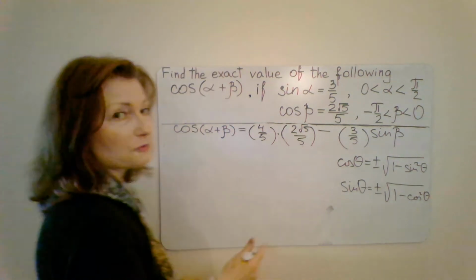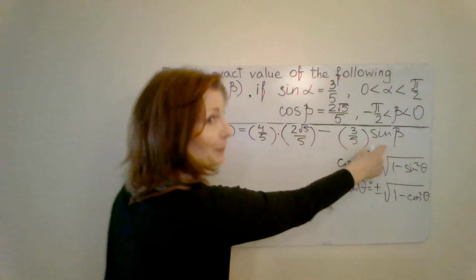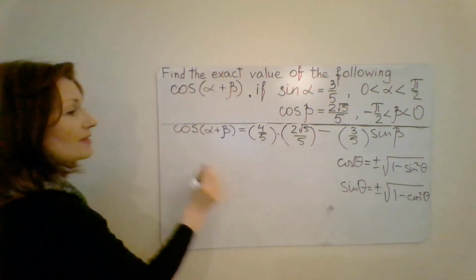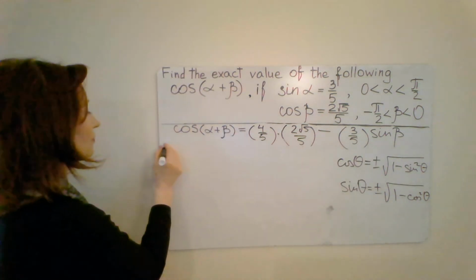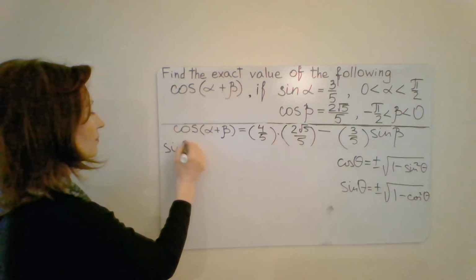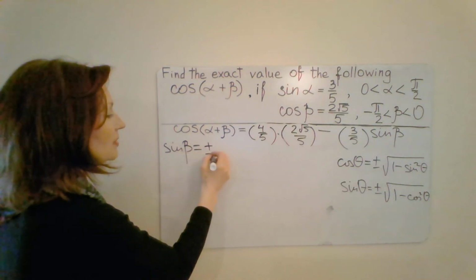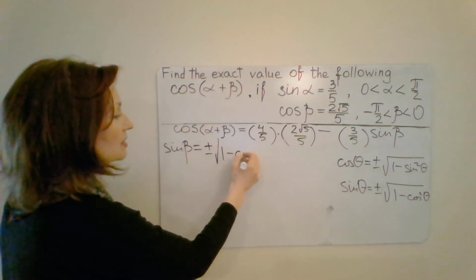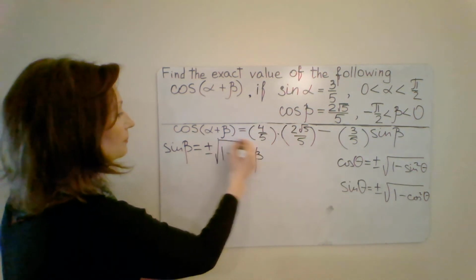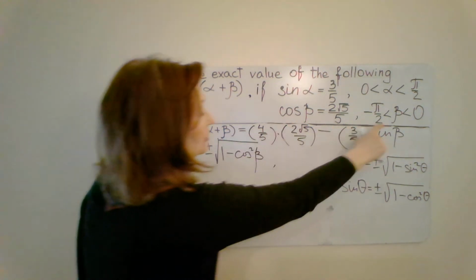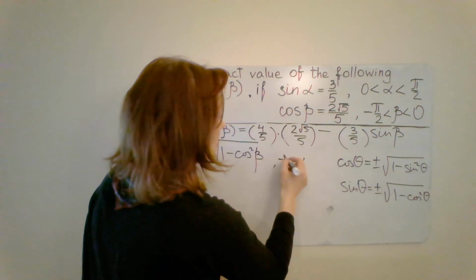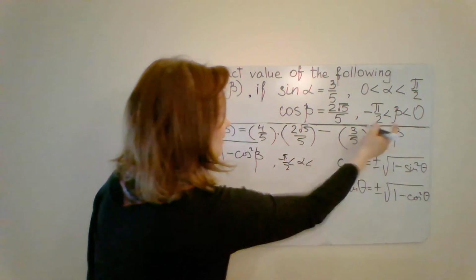Now the only thing we need to find is sine beta. We're using this formula now. It's plus or minus square root of 1 minus cosine squared beta. And in our problem, beta is between negative pi over 2 and 0.